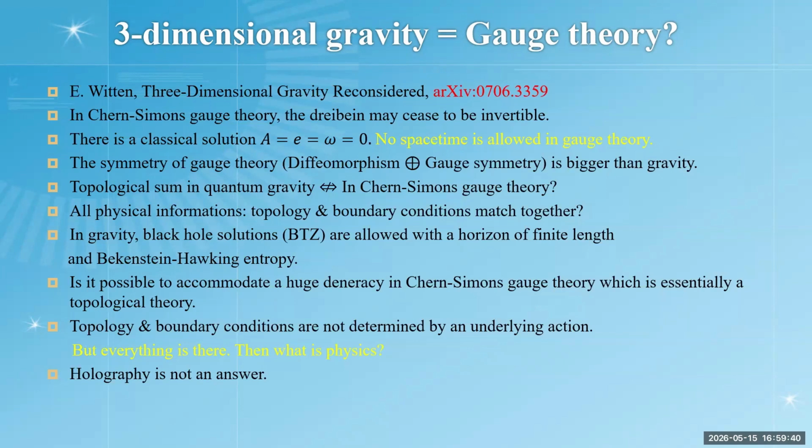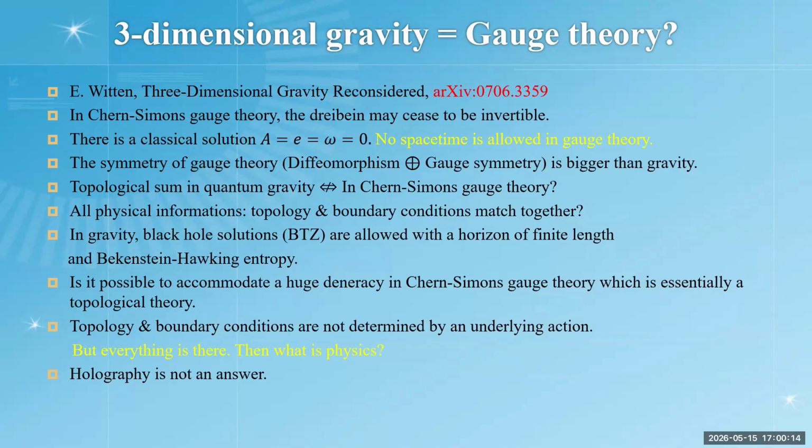In Chern-Simons gauge theory, the dreibein may be not invertible, because classically, in Chern-Simons gauge theory, this kind of solution is allowed: A equals 0, E equals 0. E equals 0 means there is no space-time, okay? But in order to complete the path integral measure, and Witten's claim, we have to include this one. But it is not allowed in gravity theory, right?